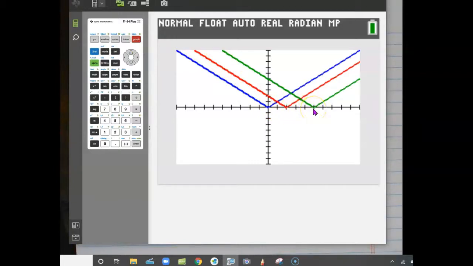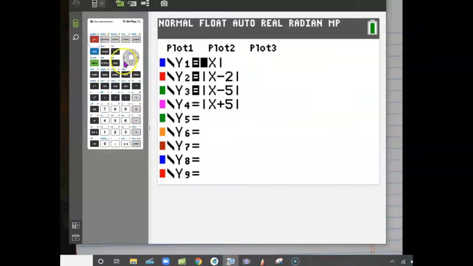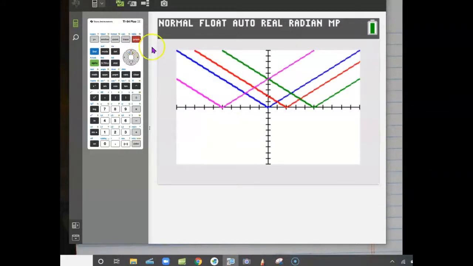It shifted to the right 5. So if they said minus 2 or minus 5, they shifted to the positive side. So we can probably guess that turning this one on, |x plus 5| is not going to be at plus 5. It's going to be on the other side. So here it is at -5. So that's kind of pretty.